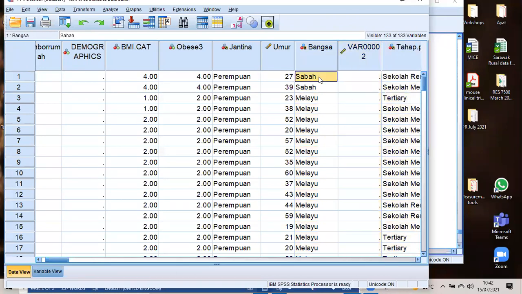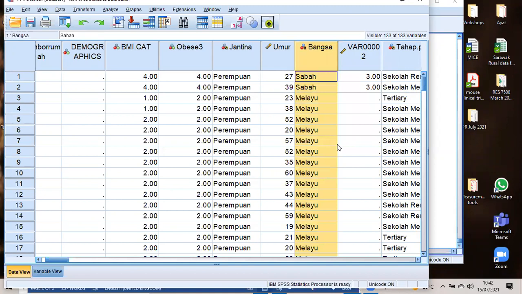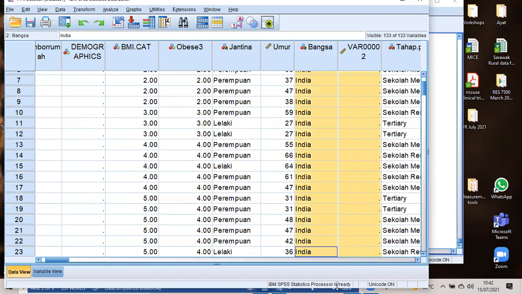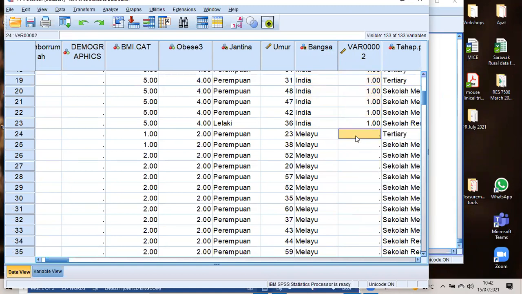All right, Sabah, I'm going to put 3. Malay, according to my order, okay? According to my order, I'm going to change them to numerical. So this code is 1. This is to drop the Sabahan from the analysis. But if you feel that Sabahan can be added to the Malay group, then go ahead.